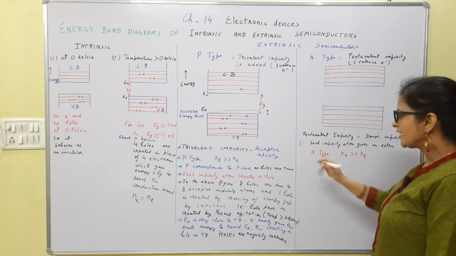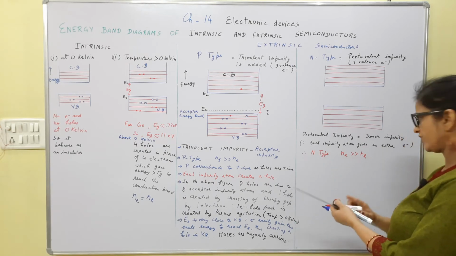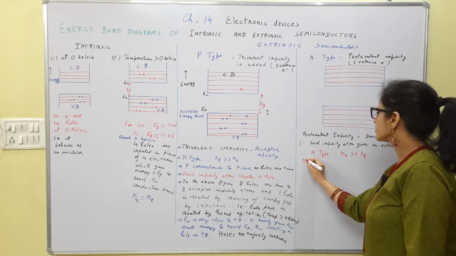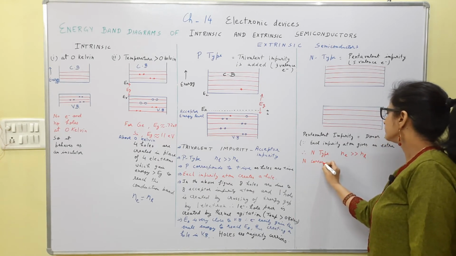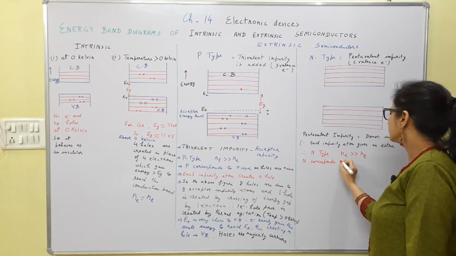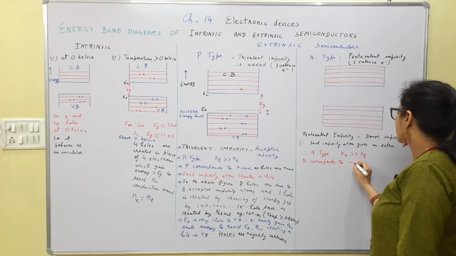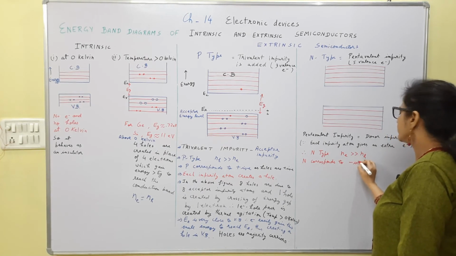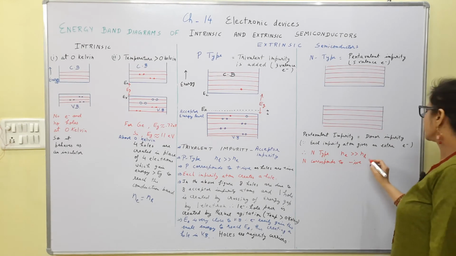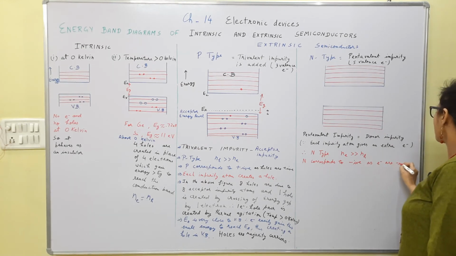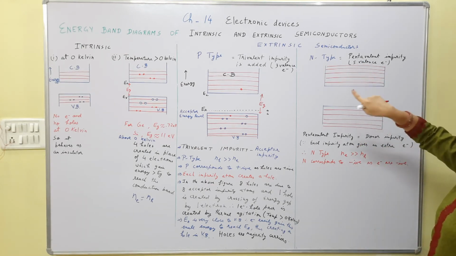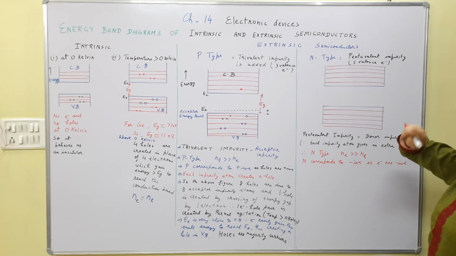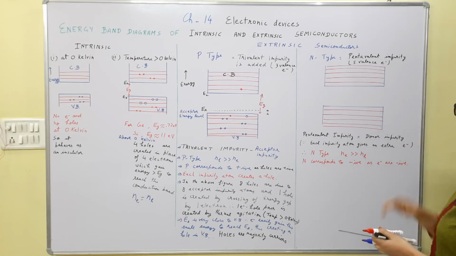And we know that n corresponds to negative, as electrons are negative. So you can remember that in n-type semiconductor, we have extra electrons due to the donor impurity over here.